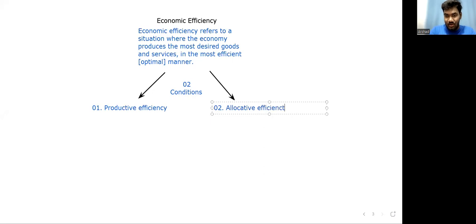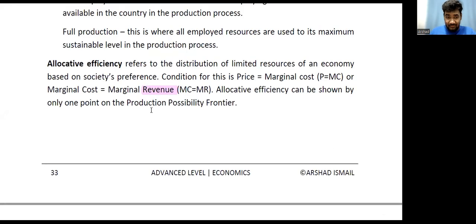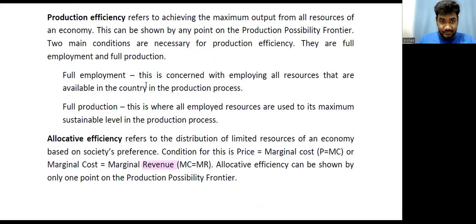So let's talk about what these mean now. What is productive efficiency, guys? Productive efficiency refers to producing an output.